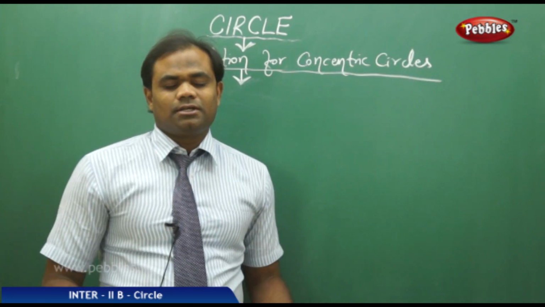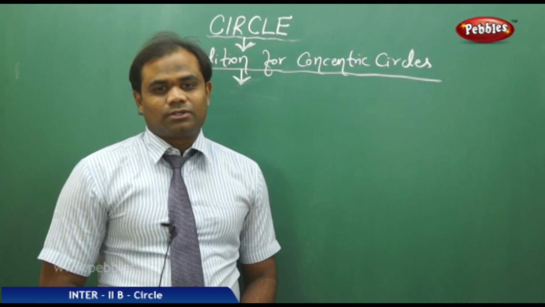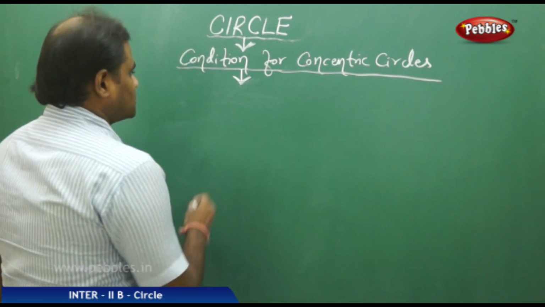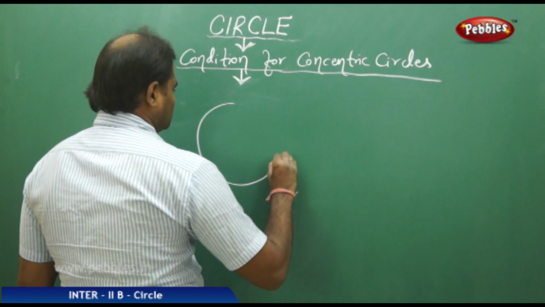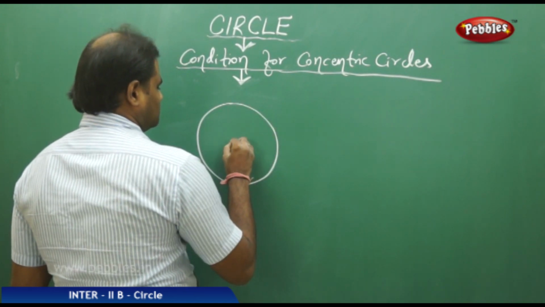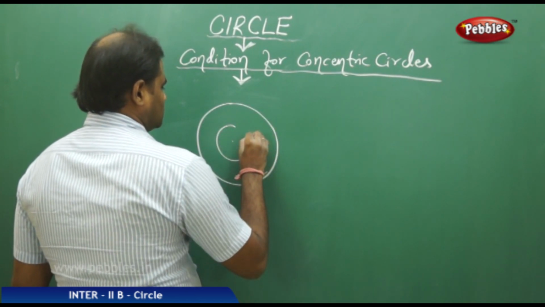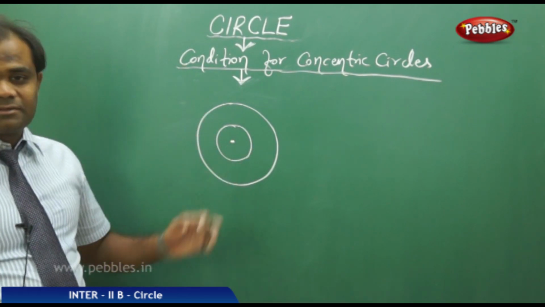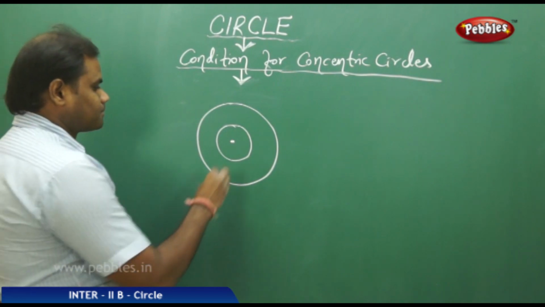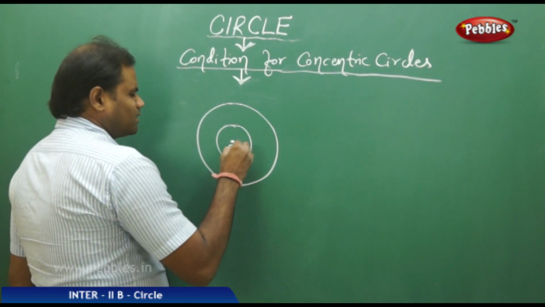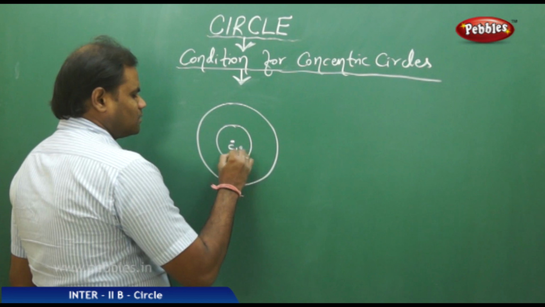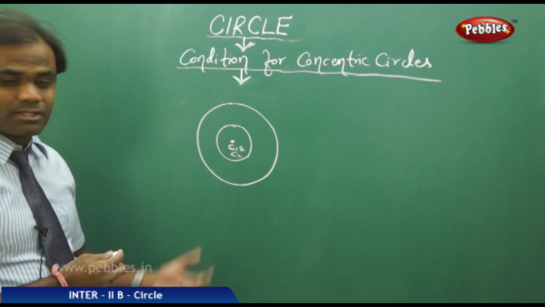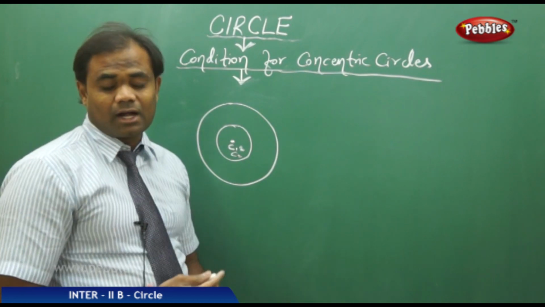Now next is the concentric circles. We know that two circles are concentric if they have the same center. That is, if I have a circle which is concentric with this, then that means they have the same center. So let me say the center of the bigger circle is C1 and the center of the smaller circle is C2 with the respective radii being R1 and R2.